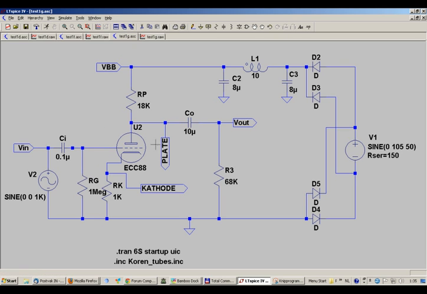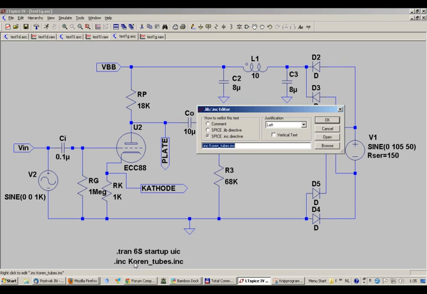For the bias voltages on the grid, we will use no input signal here. The tube model we use should be added as a SPICE directive.